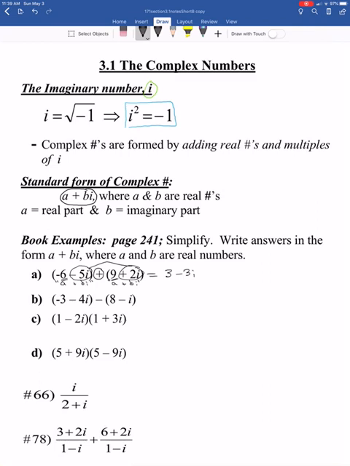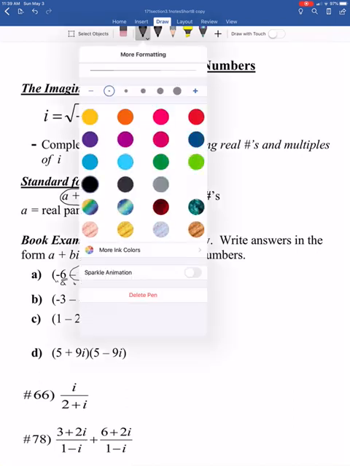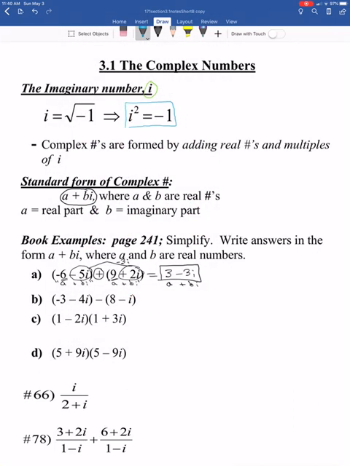So we end up with a sum of 3 minus 3i. So there's our standard form complex number where our real part, a, is 3, and our imaginary part, b, would be -3. So there's the sum of two complex numbers, adding the like parts together, the real parts and the imaginary parts.